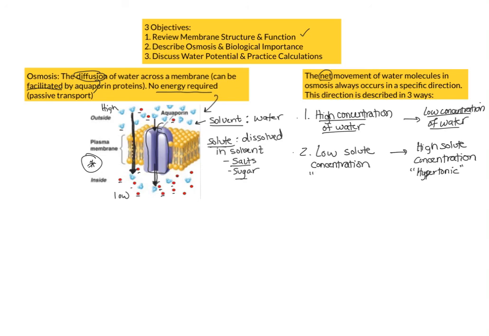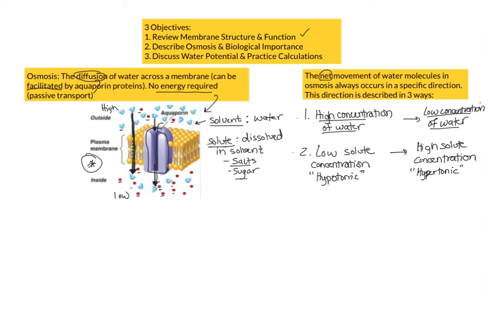The other side is called hypotonic, meaning a low solute concentration. So those terms, hypotonic and hypertonic, refer to the solute concentration. We can say that the net movement of water occurs from an area that is hypotonic towards an area that is hypertonic.